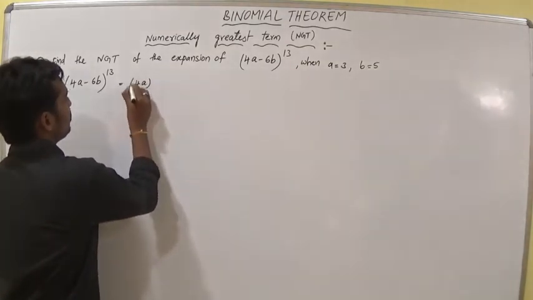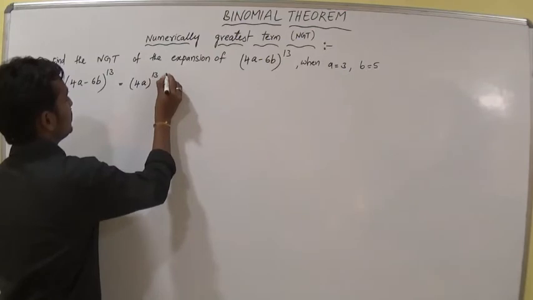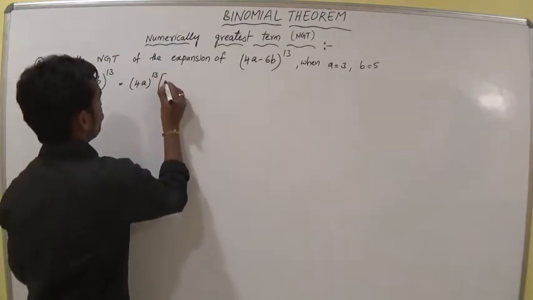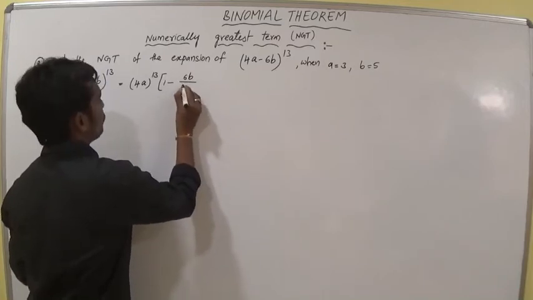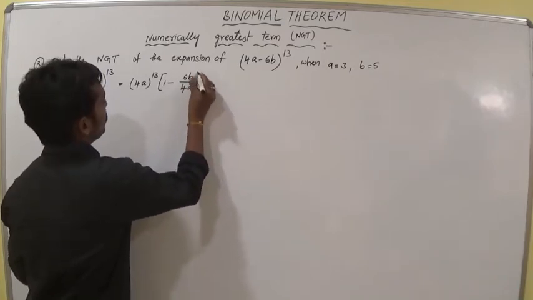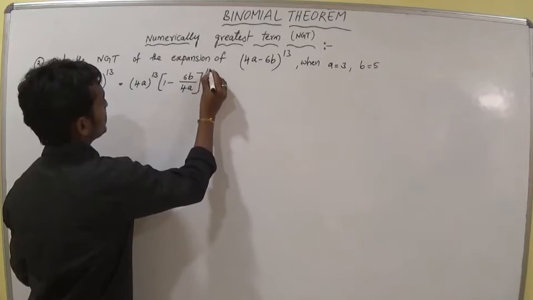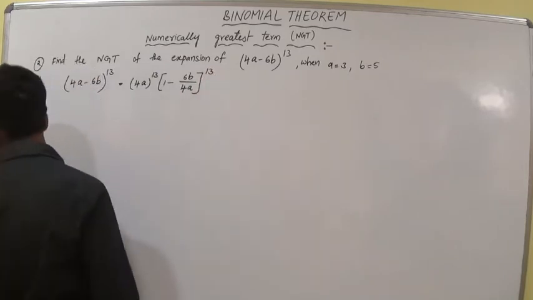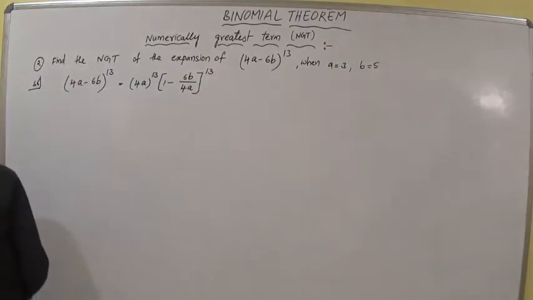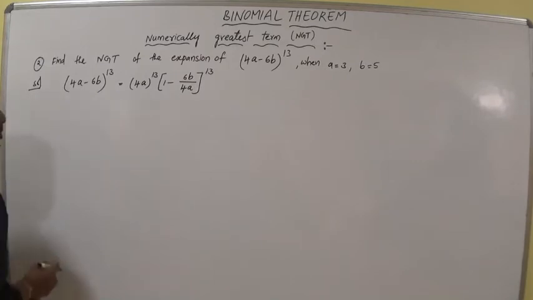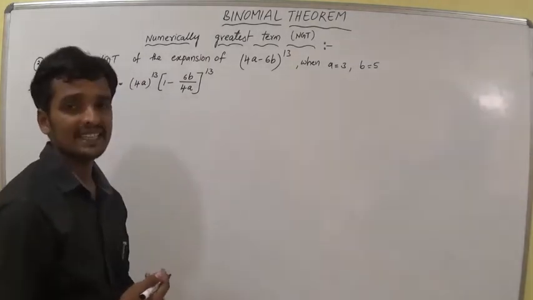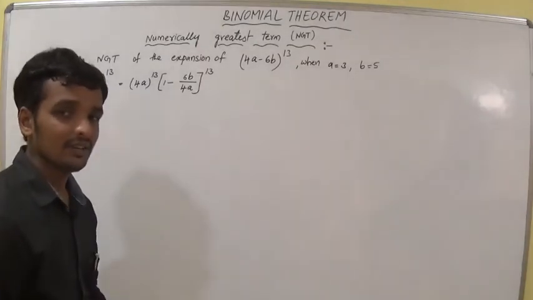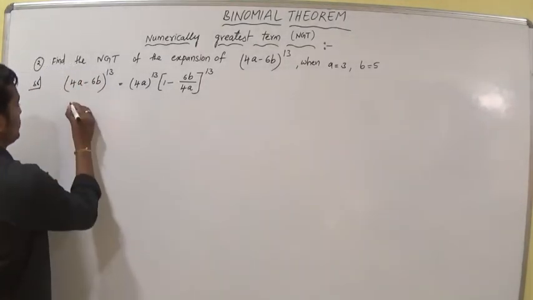It is (4a) whole to the power of 13 into (1 minus 6b by 4a) whole to the power of 13. So what is the value of n here? 13. Here n is equal to 13.